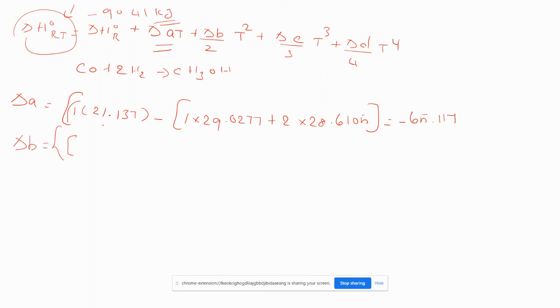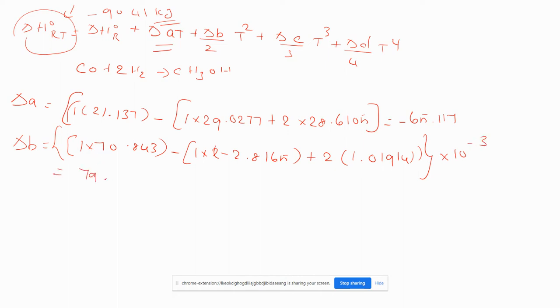Okay, so now you will get 1 into 70.843 minus 1 into minus 2.8165 plus 2 into 1.0194 into 10 power minus 3. Okay, so you will get the answer as 79.6207 into 10 power minus 3.